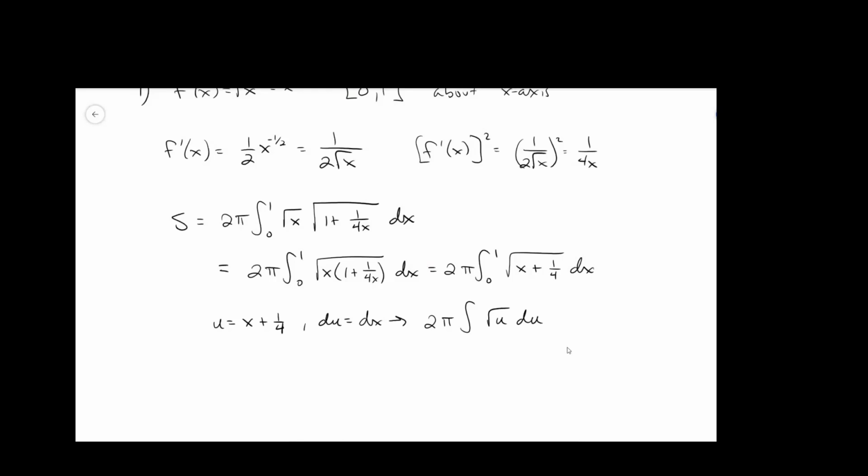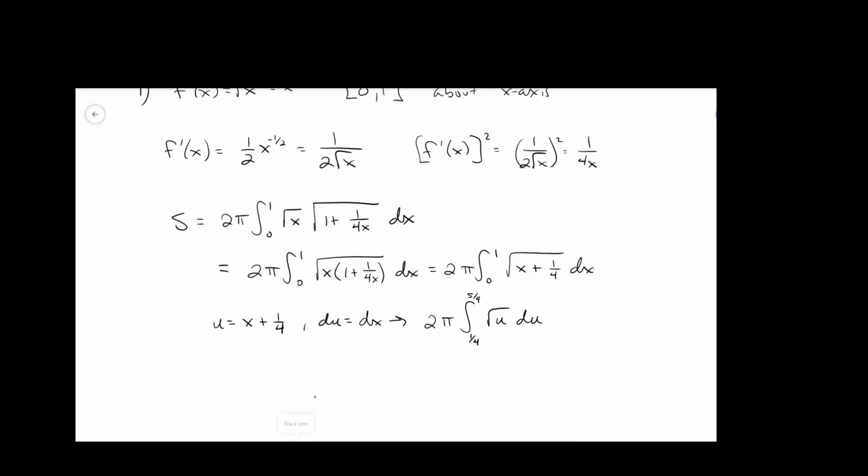The lower bound is now going to be 1/4, right? If I plug in 0 to that substitution, I'll get 1/4. If I plug in 1, plus 1/4, 5/4. So my top bound is now 5/4. And again, that's coming directly from just plugging the old bounds into the substitution.